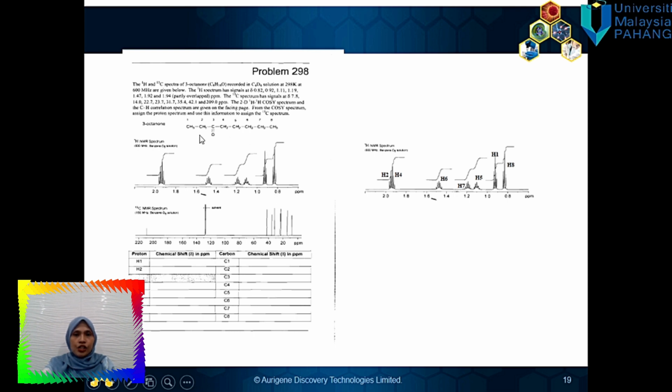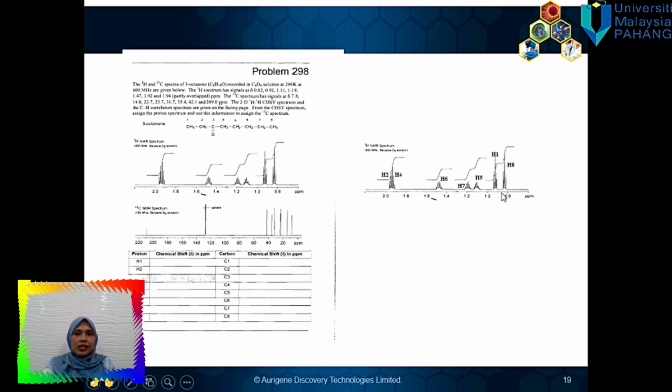Which one is H1, which one is H2, 3, 4, 5, 6, 7, 8. Based on the chemical shift, I have labeled it. This one is H8. H8 is more upfield. Why? Because it's shielded. It's far from the C=O, so the chemical shift is more upfield compared to this H3. So that's why this one is H8, this one is H1.